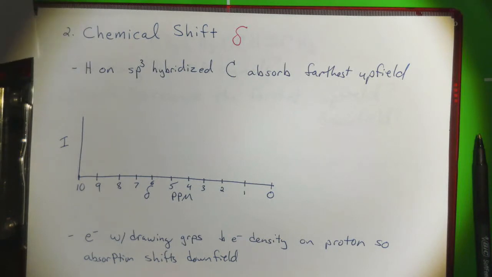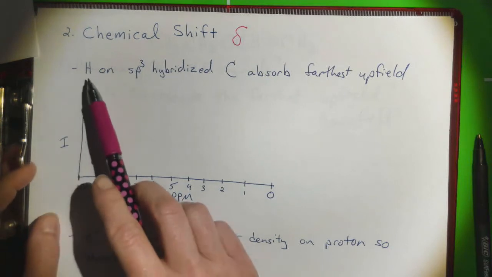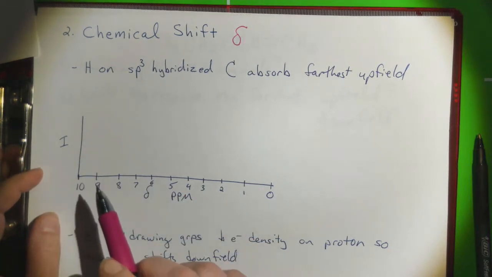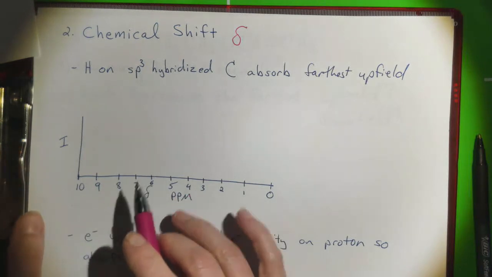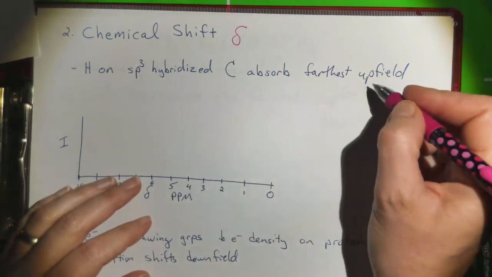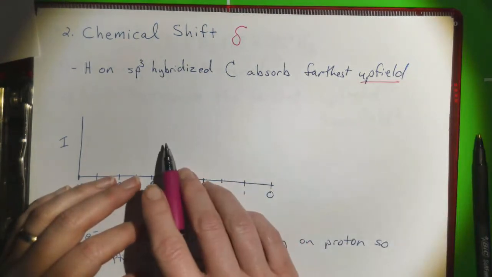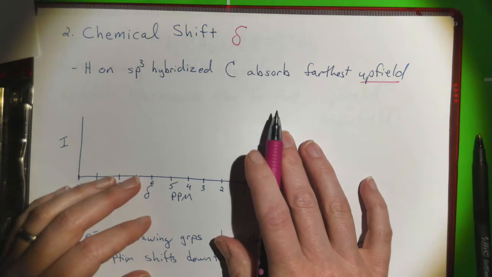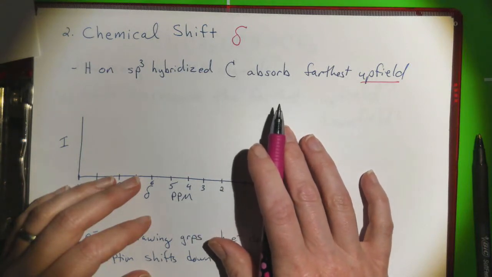Let's get started. So if you're dealing with a proton that's on an sp3 hybridized carbon atom, you're going to find that those are going to absorb the farthest upfield. So remember, upfield is to the right. They are going to be very shielded. Okay?